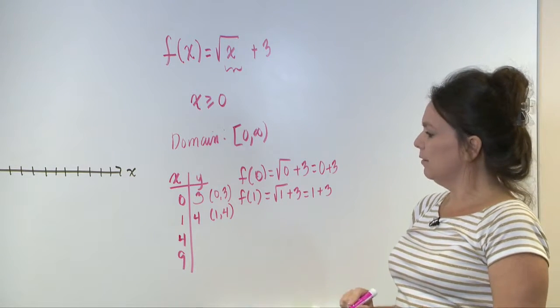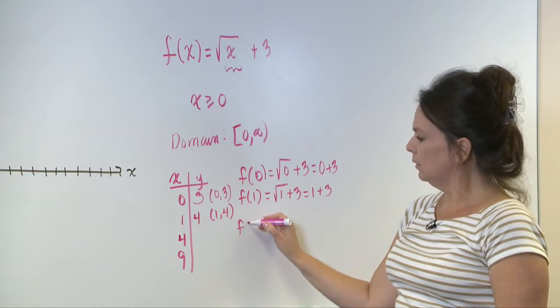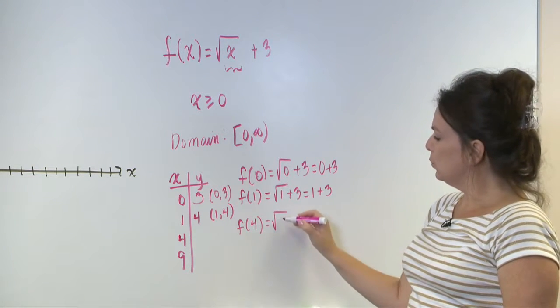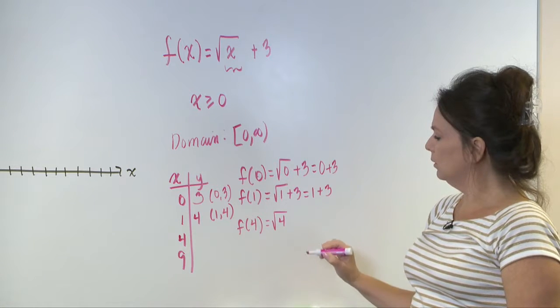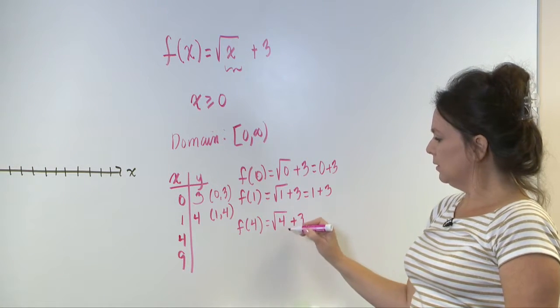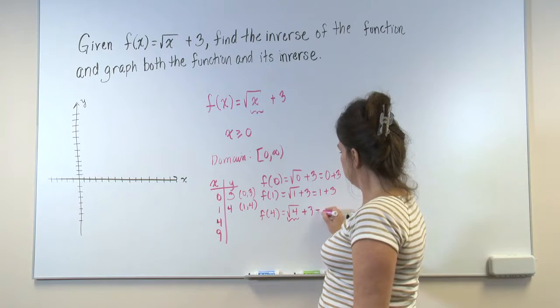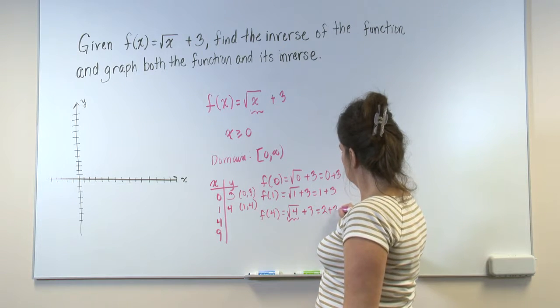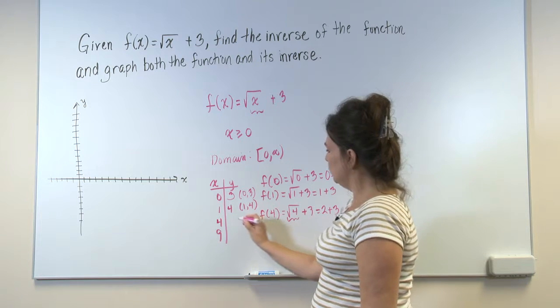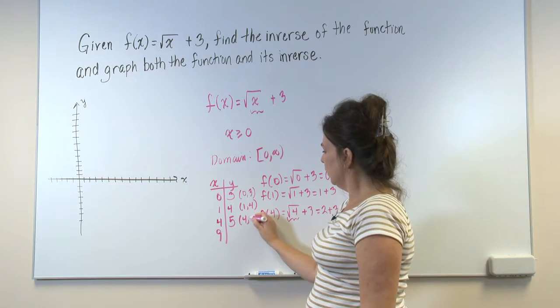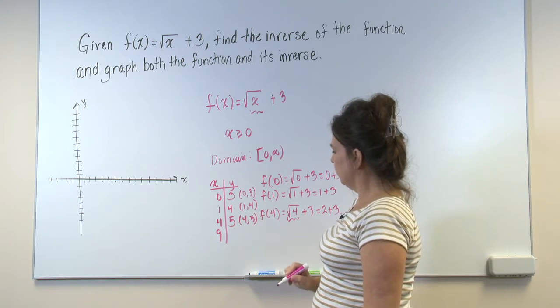The next value of x is 4. f of 4 is equal to the square root of 4 plus 3 outside the square root. So I'm going to take the square root of 4 first, which gives us 2 plus 3. And 2 plus 3 is 5. So I have the ordered pair 4, 5.